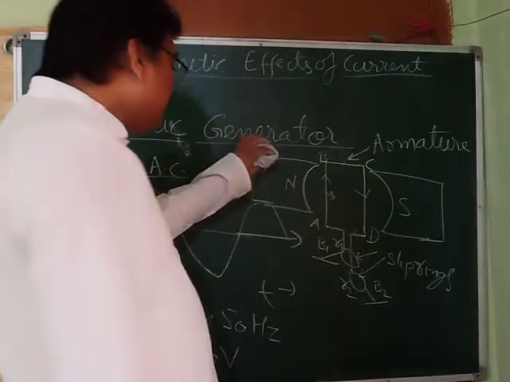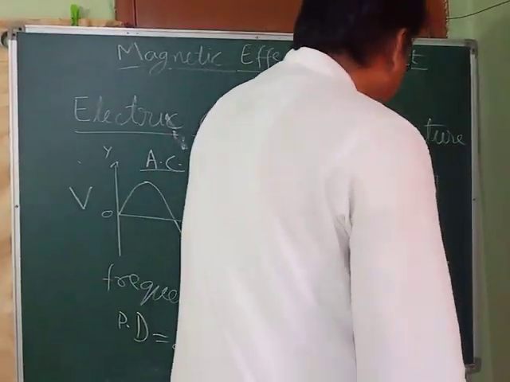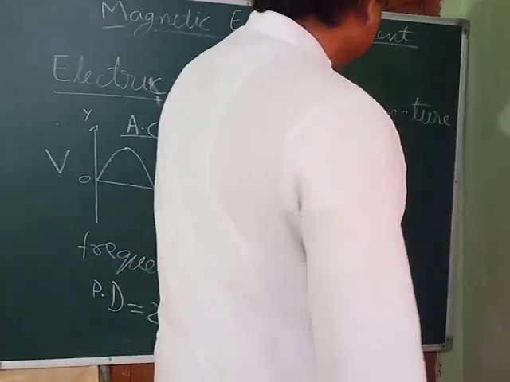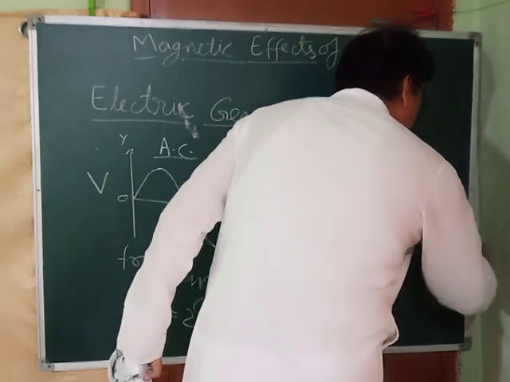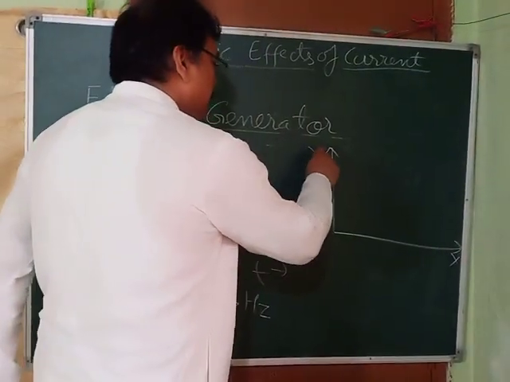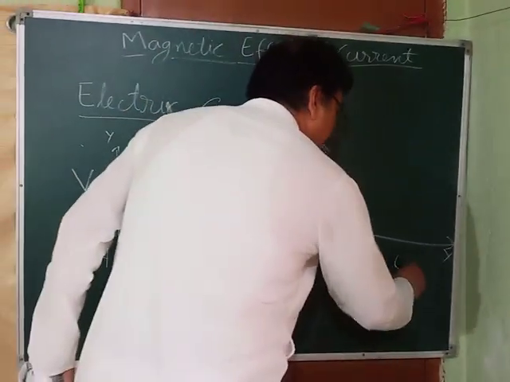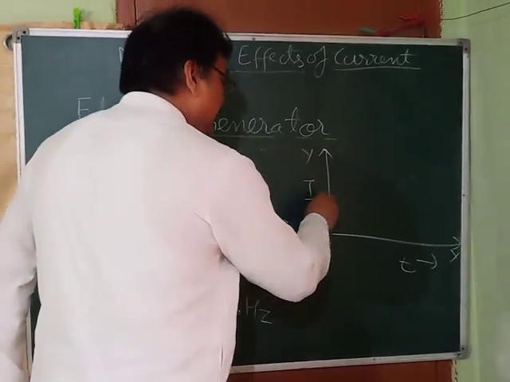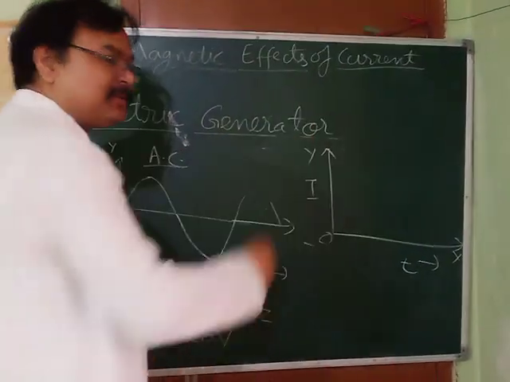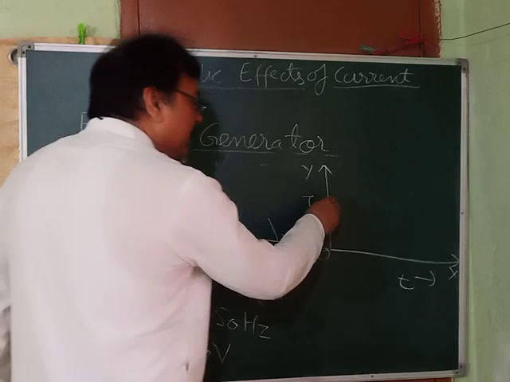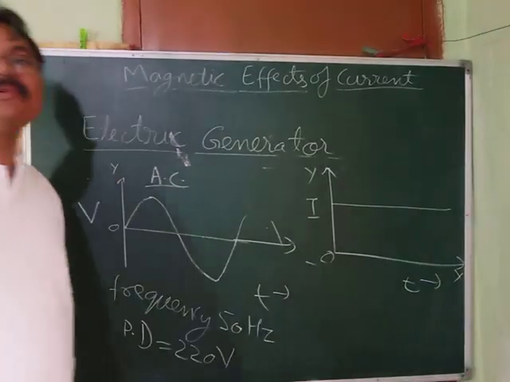Now, what about DC, direct current? I think you have drawn this by the slide. I will tell you something about the DC current. See, time is there along the x-axis and current is there along y-axis. So what you will find? The current is constant. It is not changing.